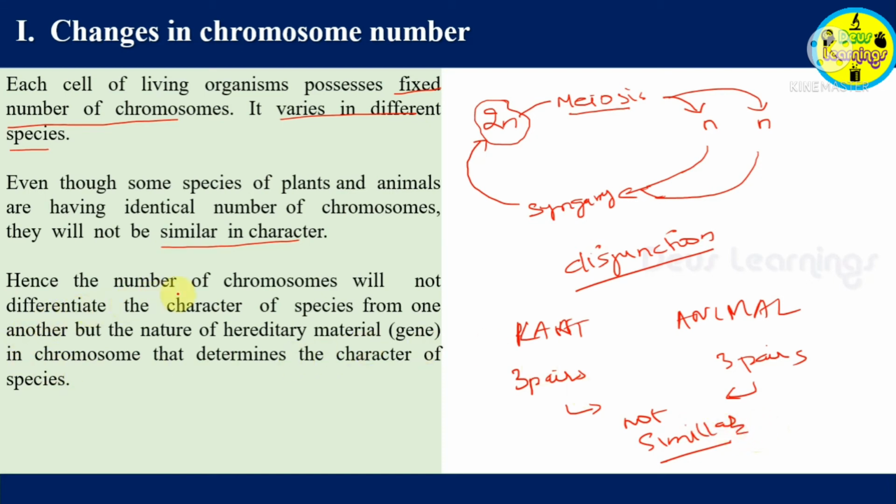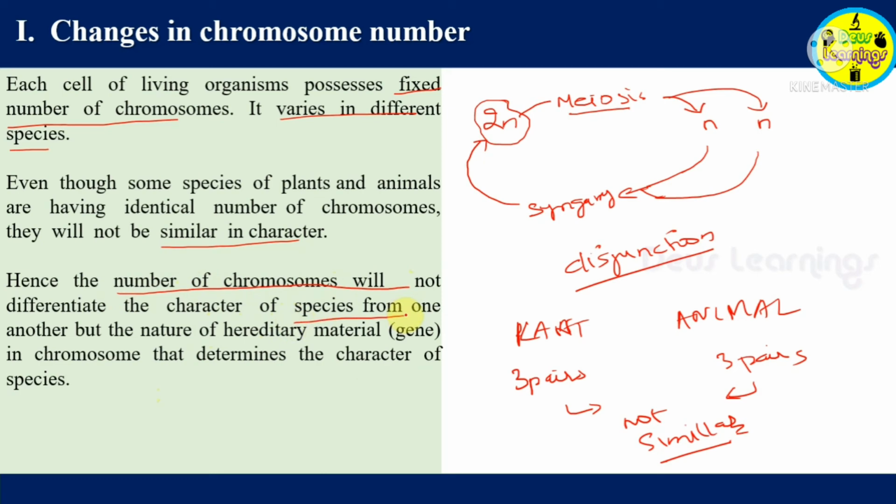Hence the number of chromosomes will not differentiate the character of one species from another, but the nature of the hereditary material in chromosomes determines the character of the species. What the sentence is trying to say is that a change in the number of chromosomes is not going to change the species from one to another.